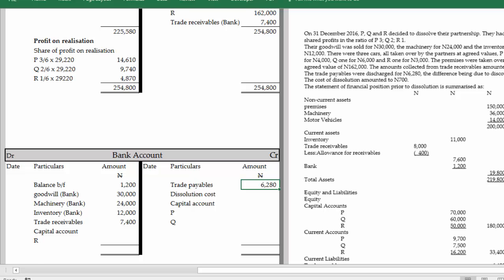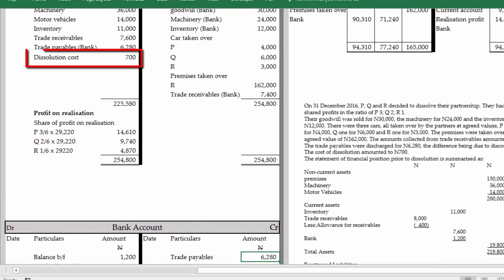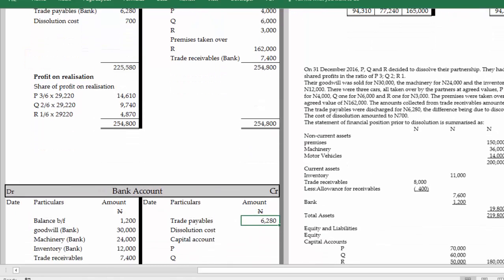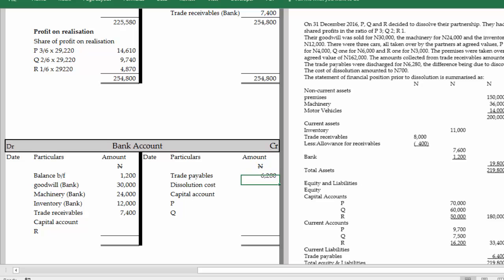And finally, there is the dissolution cost of 700. So these were the receipts and payments that we made during the period.